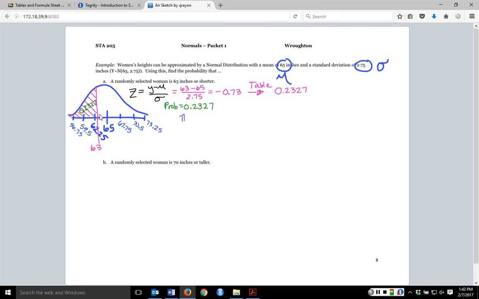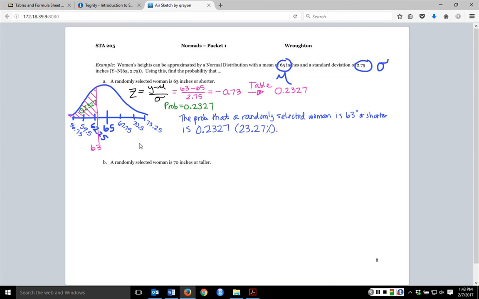So then here I'd be able to say that the probability that a randomly selected woman is 63 inches or shorter is, I can either say 0.2327 or I can say 23.27%.